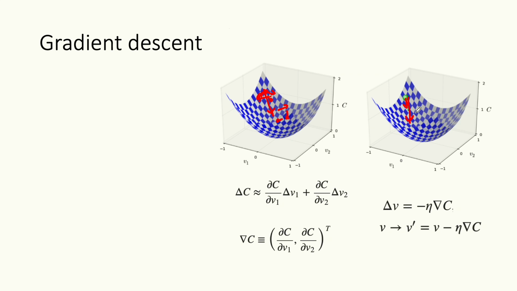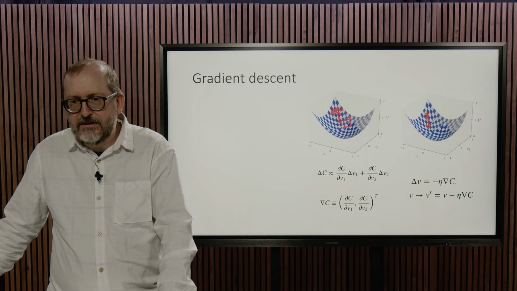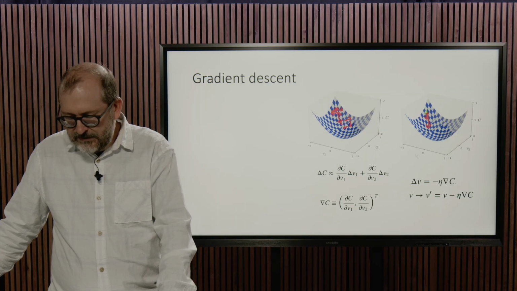It has a big risk of overshooting the minimum and ending up in a local minimum somewhere else. On the other hand, a very small descent might get stuck in some tiny local minimum and not be able to get out of it. So there's a sweet spot, and it's kind of an art to find it, less of a science, more of an art. You just have to play with it a little bit.